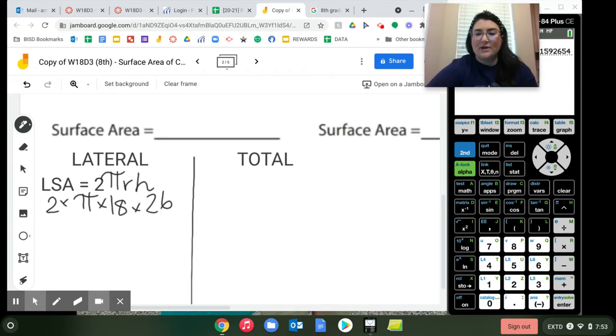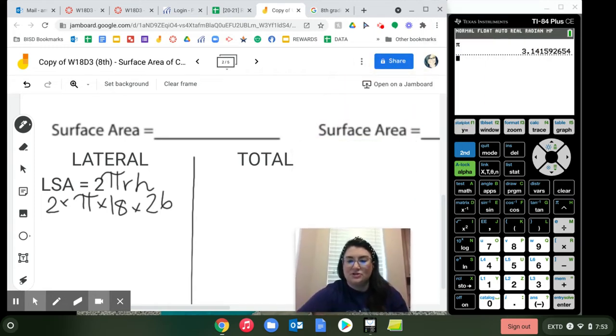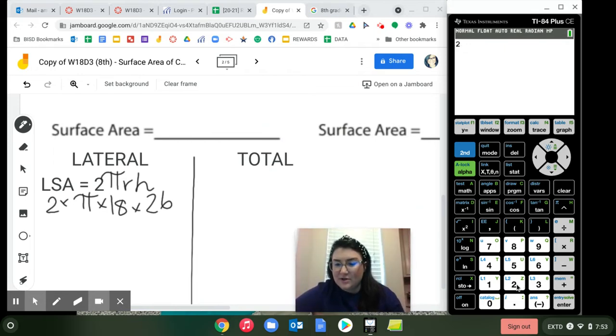Okay, so the first thing we need to do is let's go plug that into our calculator. So we have 2, and I'll use my mouse so you can see what I'm doing. I click 2 times blue pi times 18 times 26.